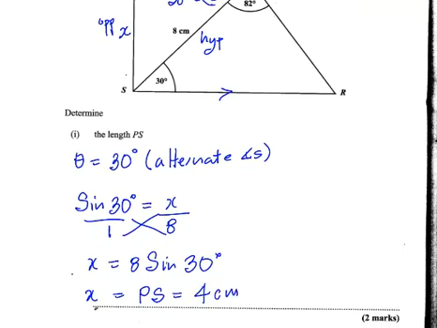All right, next we're asked to determine the length PQ. So let's identify it. It's called PQ, Y, and Y is adjacent to the 30 degrees. The ratio that includes adjacent and hypotenuse is cosine. So I can say that the cosine of 30 degrees is equal to adjacent Y over the hypotenuse, which is 8.